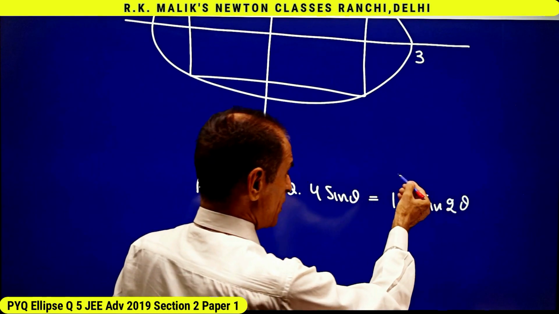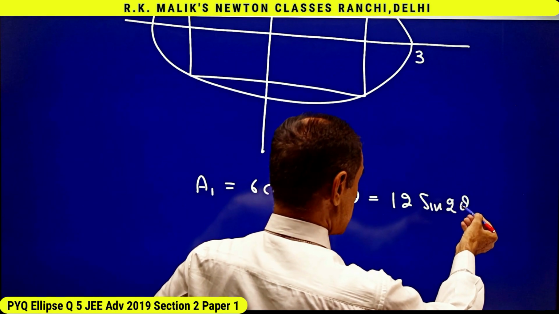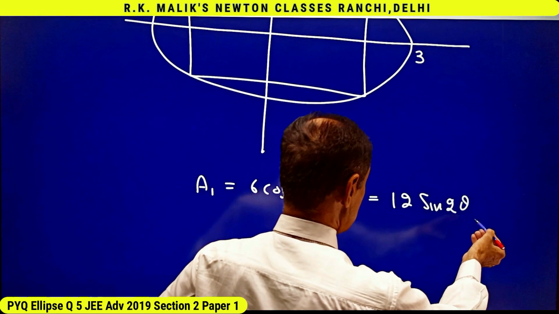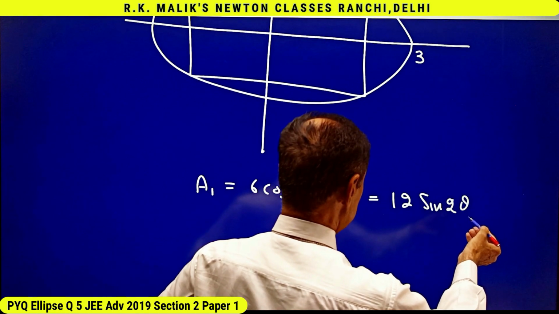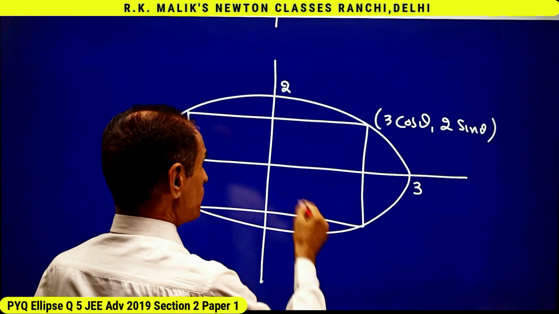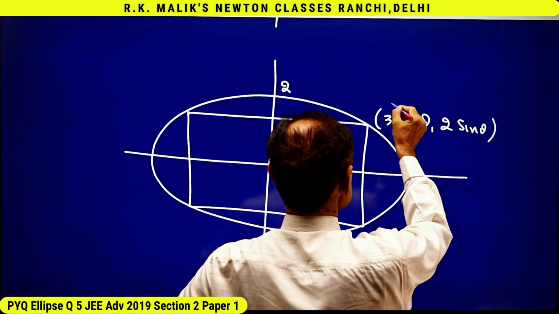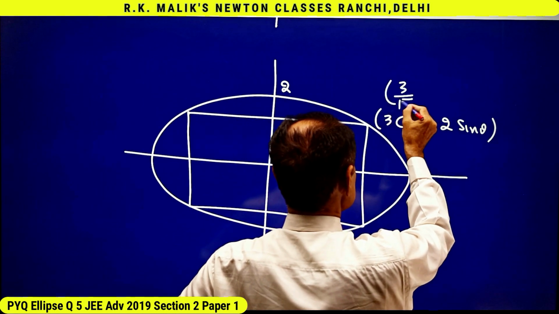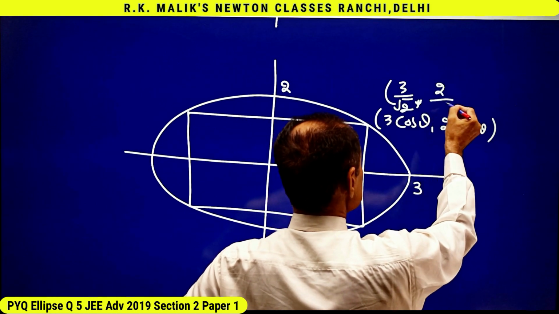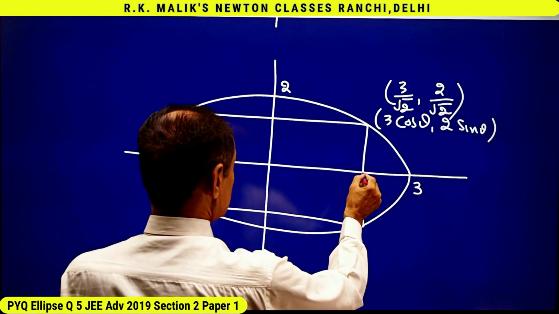Obviously, the maximum value of this is 12, and that maximum value will be attained when 2 theta is 90, that is when theta is 45 degrees. Hence, the area of this rectangle will become maximum when this point becomes 3 by root 2, comma 2 by root 2.